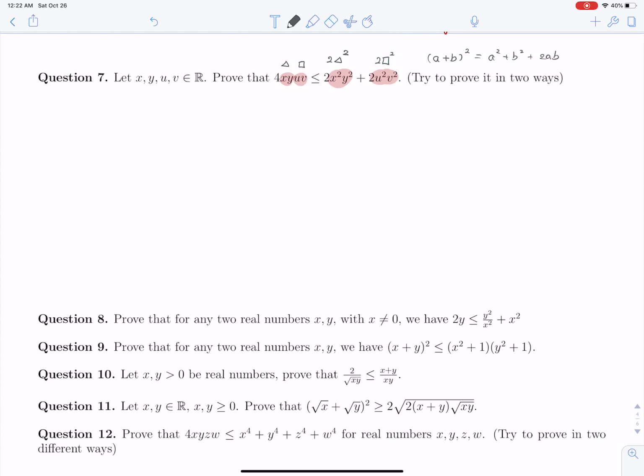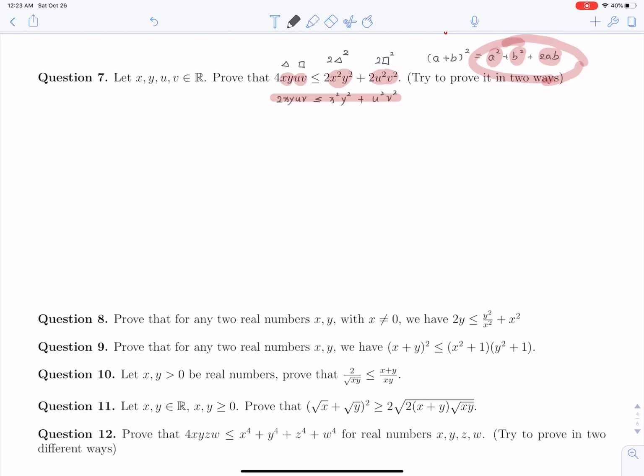It has a squared, b squared, and 2 times the product of those two. Well, here, if you divide by 2, you have 2xy uv is smaller than or equal to x squared y squared plus u squared v squared, which looks really similar to this, right? So that is my first guess.